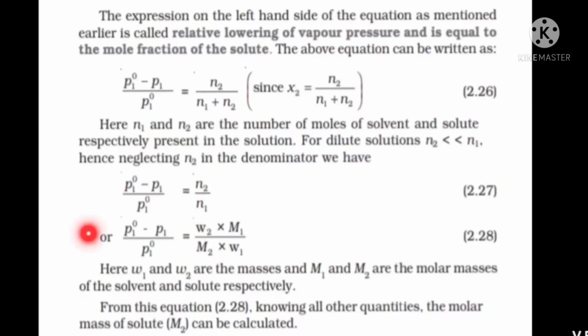Or we can write this equation as (P1° minus P1) divided by P1° equals w2 into M1 divided by M2 into w1, where w1 and w2 are the masses and M1 and M2 are the molar masses of solvent and solute respectively. The molar mass of solute, that is M2, can be calculated if other values are known by using this equation.